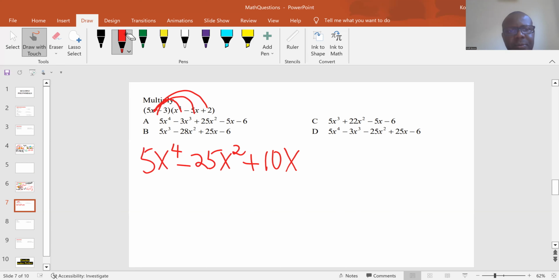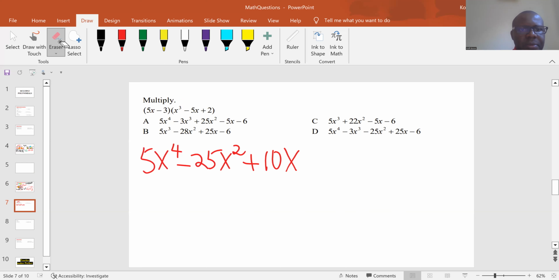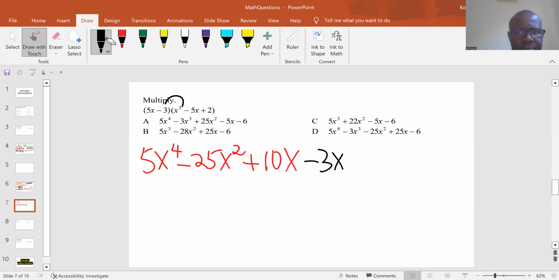After that, we'll take negative 3 and we do the same thing. So take negative 3, you multiply by x cubed, we get negative 3x cubed. We take the same negative 3, we multiply by negative 5x, we get positive 15x.